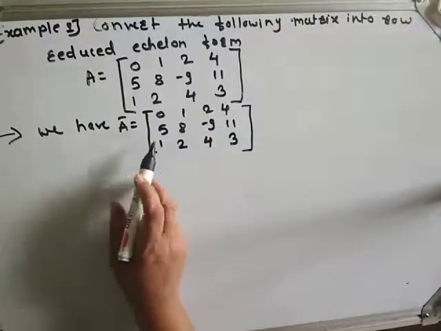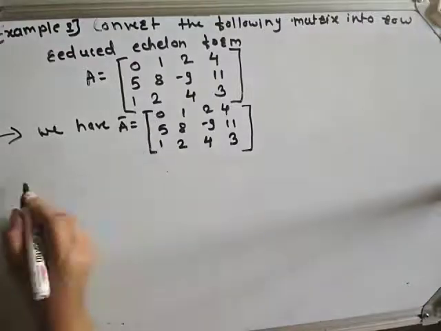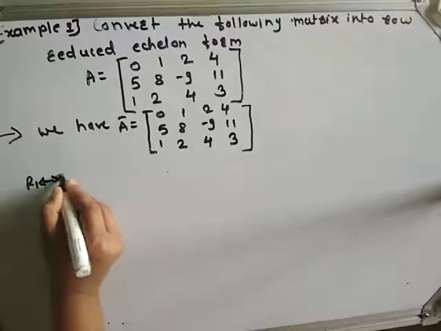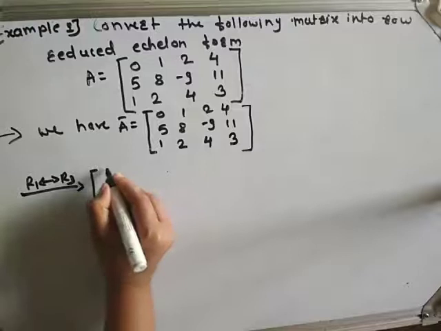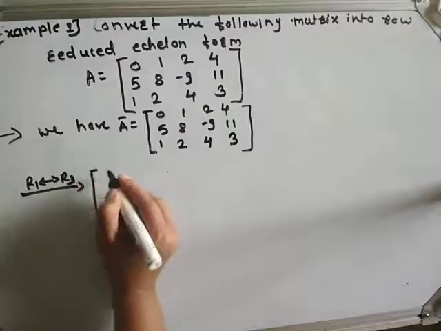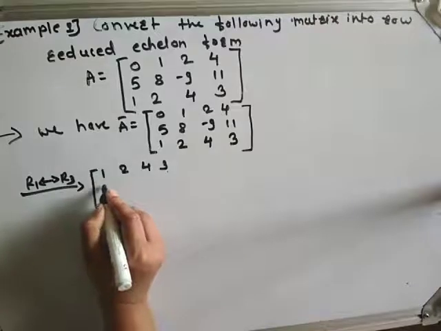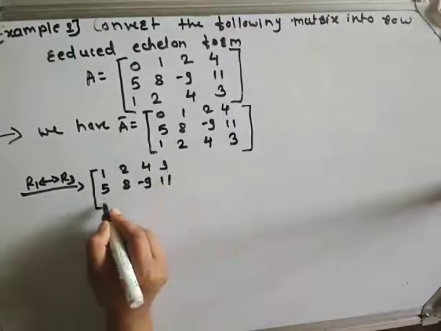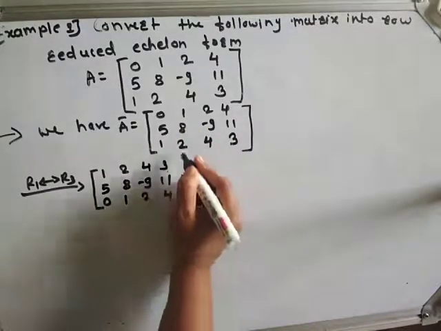First we interchange the first row and the third row, R1 and R3. Therefore, matrix A becomes 1, 2, 4, 3; second row as it is, 5, 8, minus 9, 11; and third row is 0, 1, 2, 4.